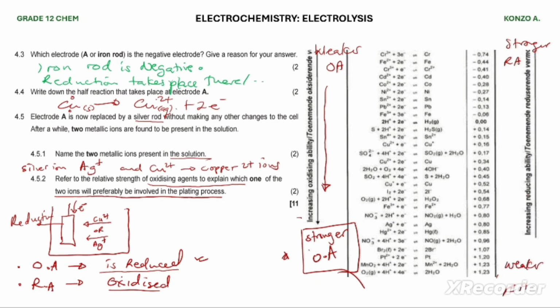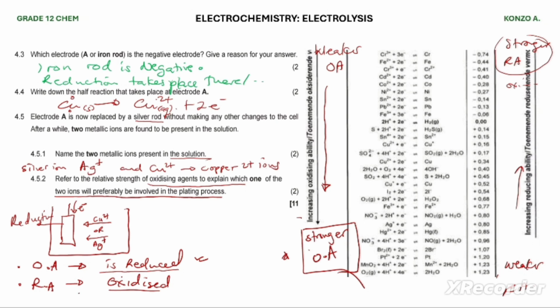That means the higher we go up our table on the right hand side, we should expect to have something like a stronger reducing agent, which means these up here will get oxidized better than the weaker reducing agents.